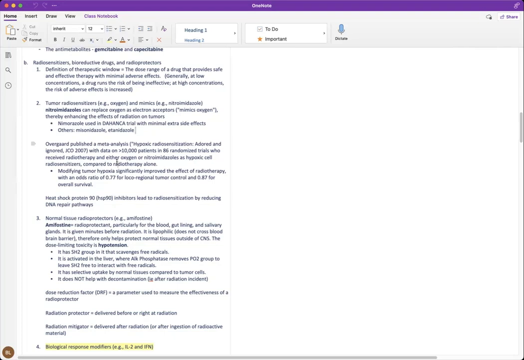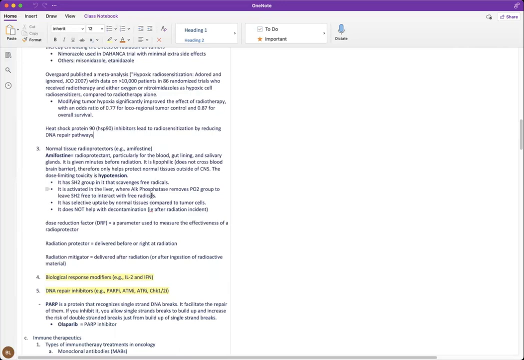Oh, look, there was a meta-analysis. Hypoxic radiosensitization, adored and ignored. Modifying the tumor hypoxia significantly improved the effect of radiotherapy with an odds ratio of 0.77 for local regional tumor control and 0.87 for overall survival, and ignored.